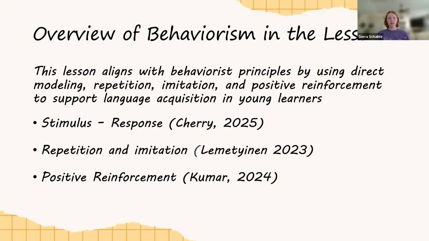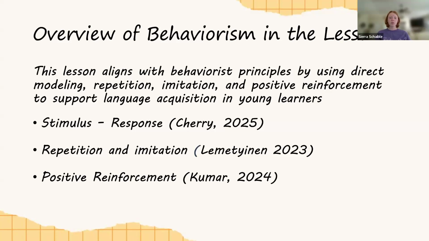Repetition and imitation. Classical conditioning is another strategy of behaviorism which pairs a positive stimulus with a neutral stimulus. In contrast, repetition and reinforcement is operant conditioning. Hannah Lamentianen describes, quote, "through repetition and reinforcement, children refine their linguistic abilities," end quote.